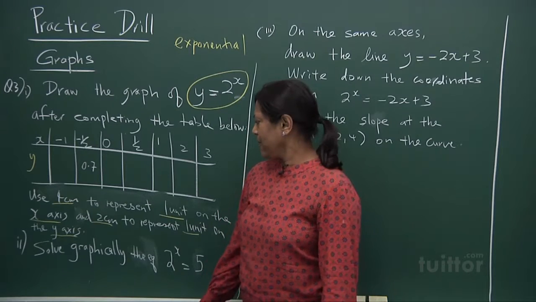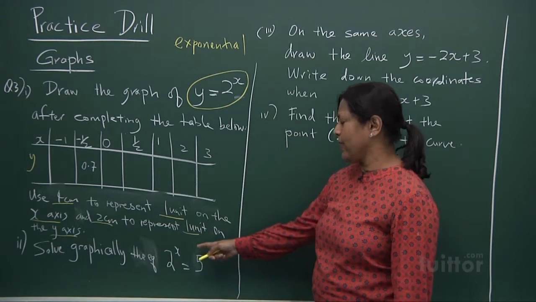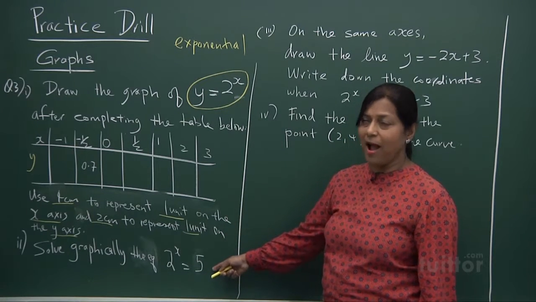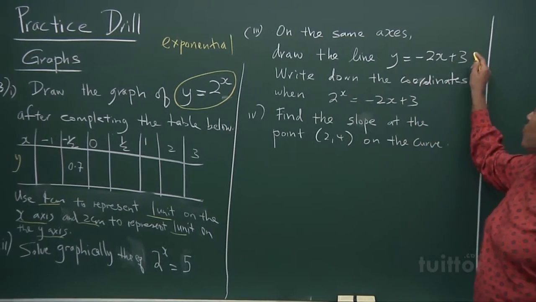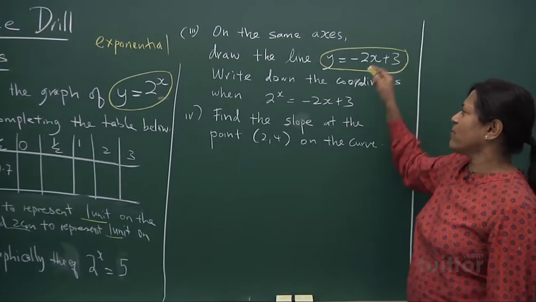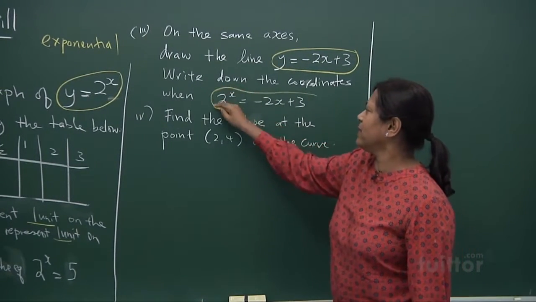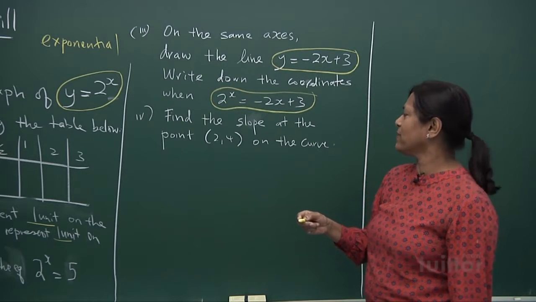Then you are asked to solve graphically for what value of x 2 to the power x is equal to 5. And they also ask you to draw a straight line on the same axis, and then to find the coordinates where this curve and this line meet. Get the total picture of this sum.